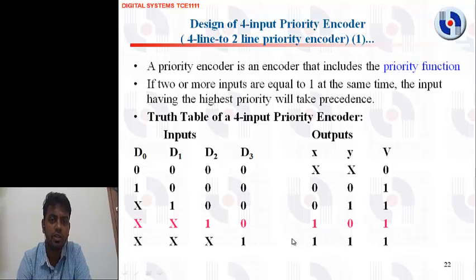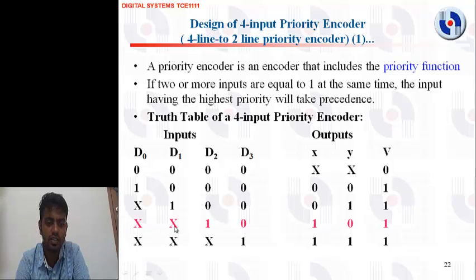A priority encoder is an encoder that includes the priority function. If two or more inputs are equal to 1 at the same time, the input having the highest priority will take precedence. Here we can see in pink color, this one is also 1 and this one is also 1.